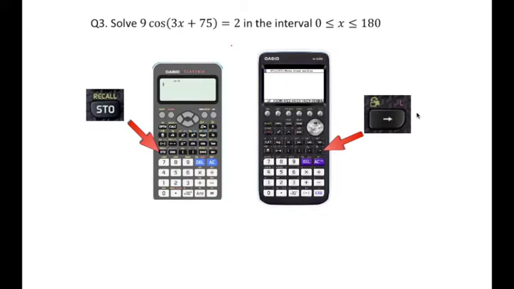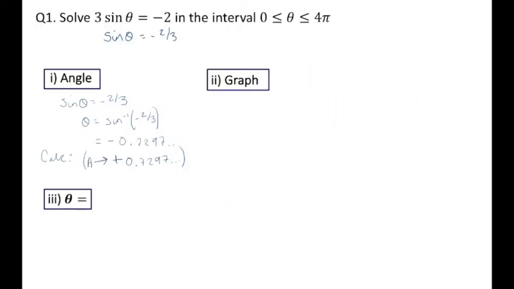Or if you're on the graphical, you're going to use this arrow. Notice that we're using this arrow notation in our working as well. So we're storing this, and then press A. And that means you never have to enter that value into your calculator again. We're going to use it quite a bit to find all our solutions, but this way will make it much easier.